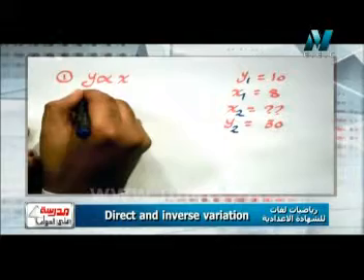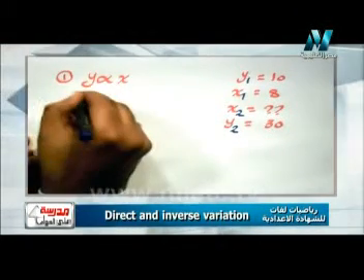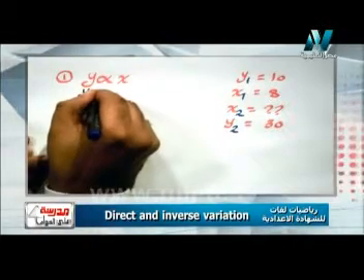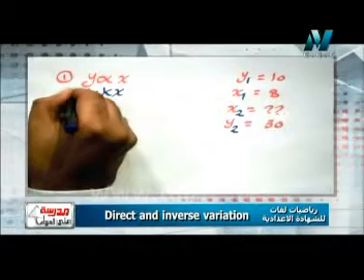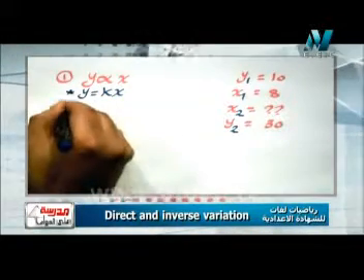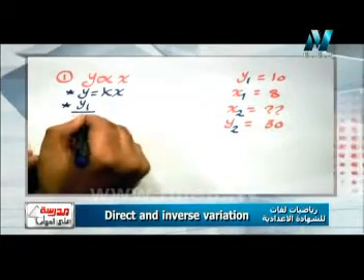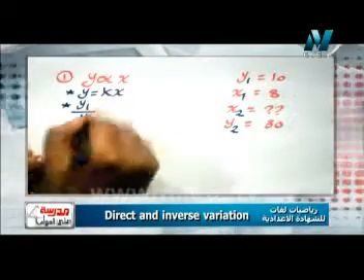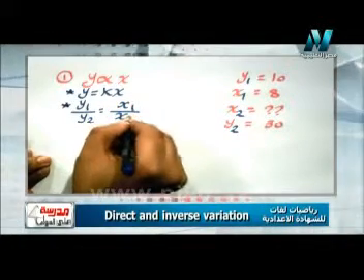Since y varies directly as x, we can put here y equals constant times x, the first rule. But the second one is very simple, which is y1 over y2 equals x1 over x2.